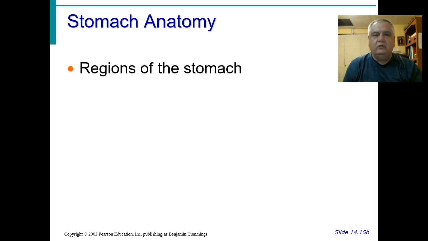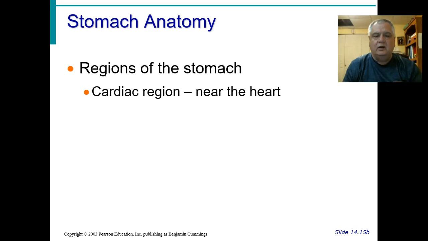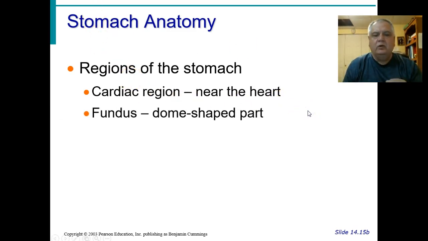Now, whenever we take a look at the stomach, it's a sac-like organ, so we're going to divide it into regions. The first region we take a look at is the cardiac region. The cardiac region is the portion of the stomach that's up near the heart, cardiac pertaining to heart. And within the cardiac region, we're going to find a dome-shaped part of the stomach. That dome-shaped part is referred to as the fundus.